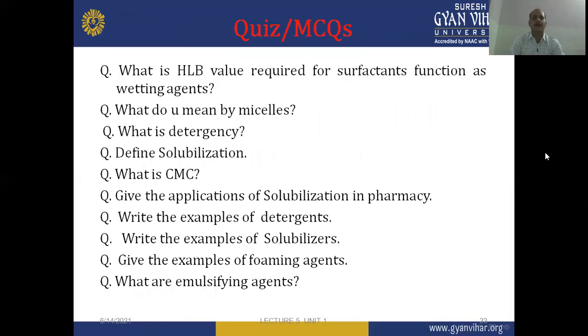And lastly, after reading all these things, you should be capable of answering different questions like: what is the HLB value required for surfactants to function as wetting agents? What do we mean by micelles? What is detergency? Define solubilization. What is CMC?